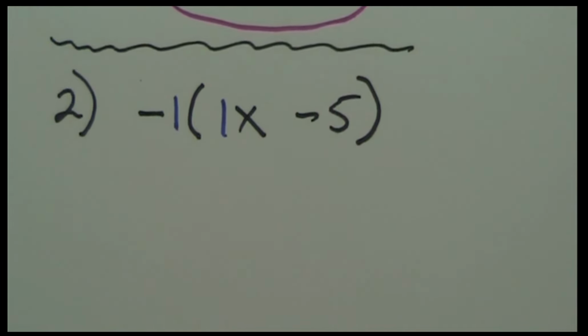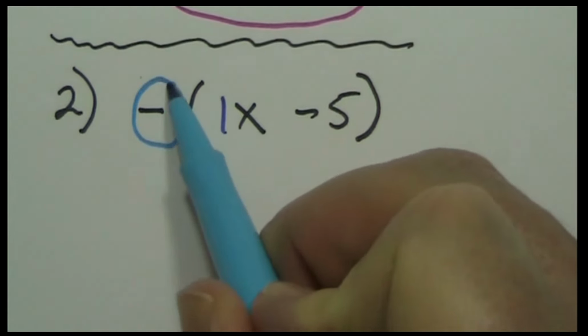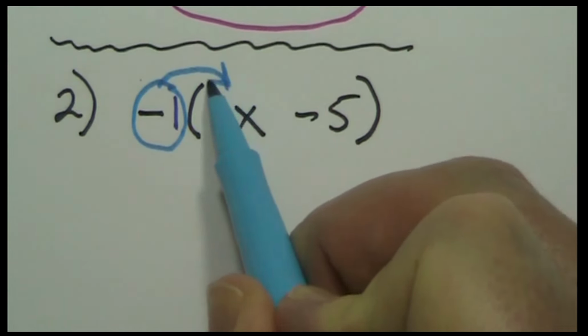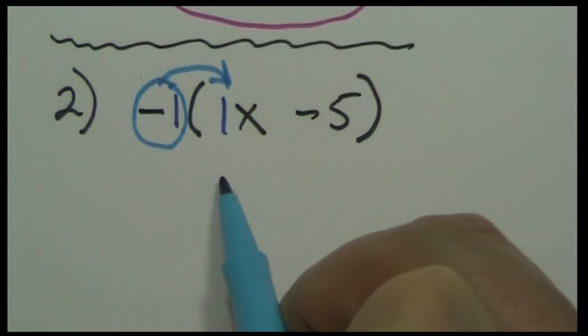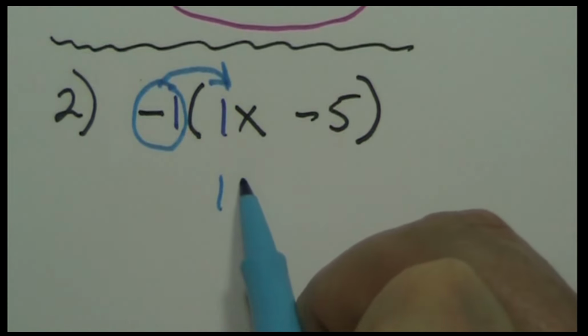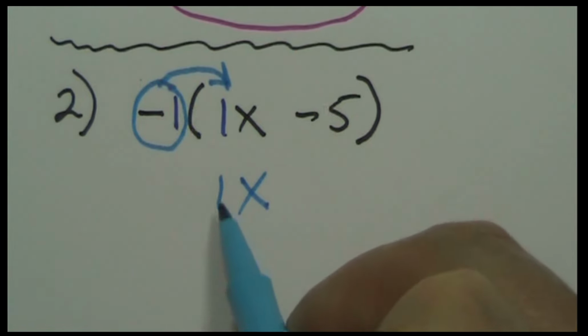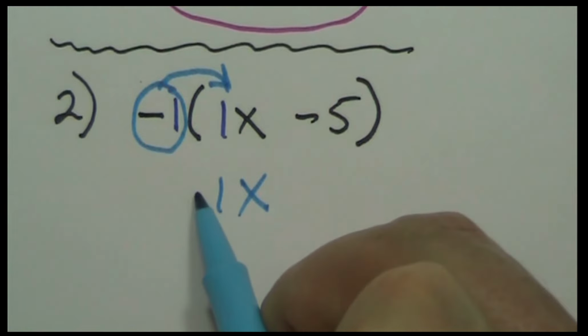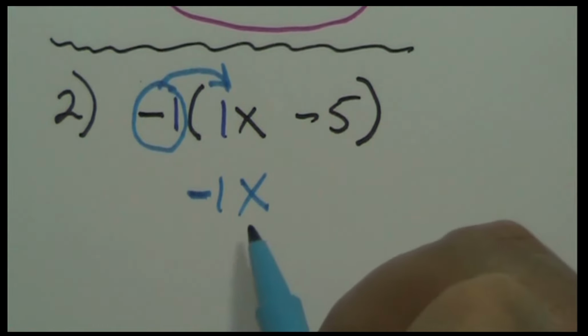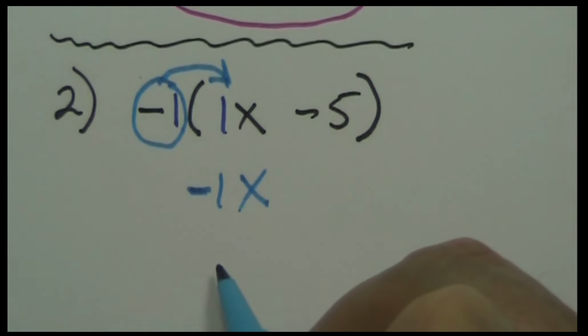So now let's go ahead and take the outside times each one inside. So 1 times 1 is just 1. So it's 1x, and you don't even have to put the 1 if you don't want to. And there's one negative, so it's negative. So -1x or just -x.